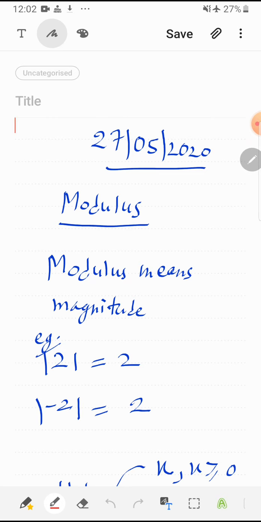So first of all let us discuss modulus. Now modulus simply means magnitude. In constants it is very easy to understand. When we say mod 2 that means 2, and when we say mod of minus 2 that is again 2. That means we can ignore the negative sign and we focus on the modulus only.